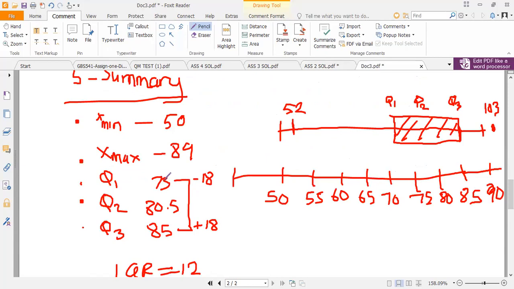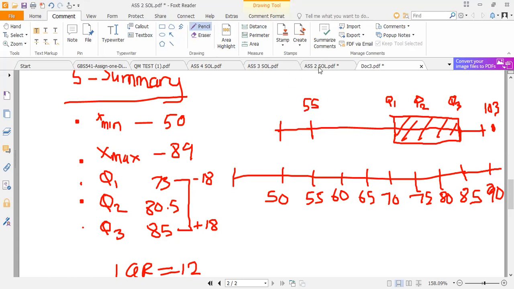So 73 minus 18, what did you get? 55. But who gave you 52? I just didn't hear you properly. So it is 55. So 55 is here. The 50 is still outside.